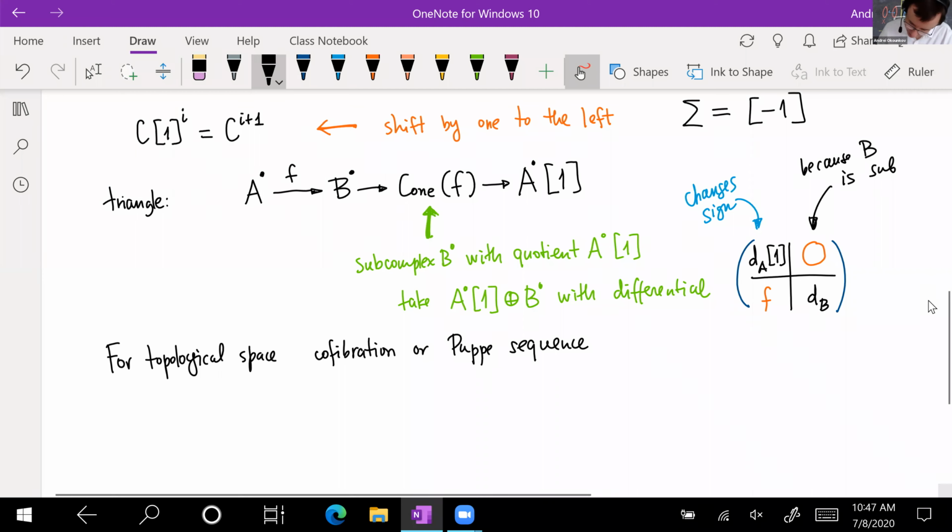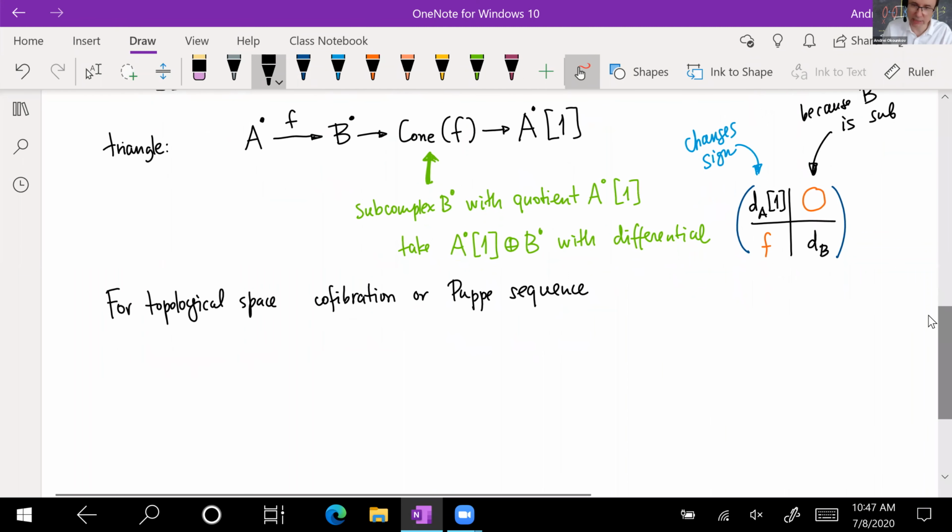So suppose I have a map. The complication with comparing with cohomology is that cohomology is a contravariant functor, so maps on cohomology are going to go the opposite way.